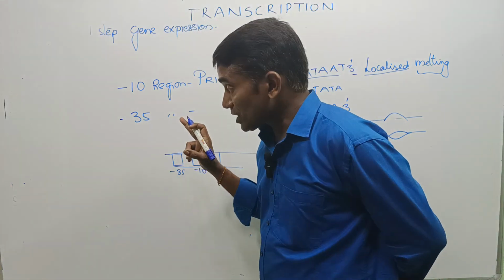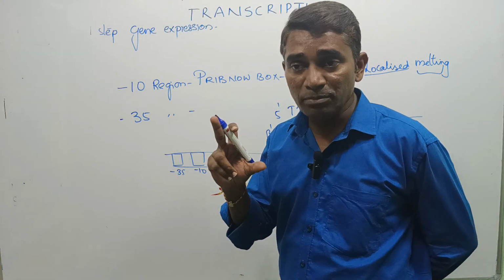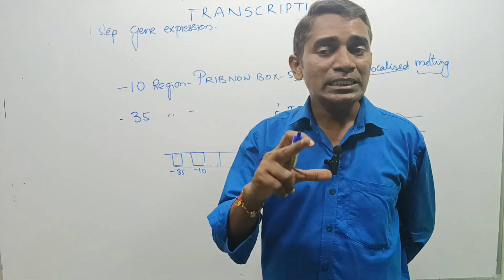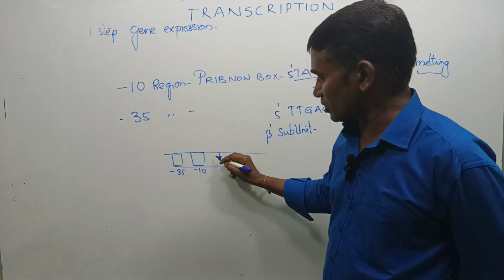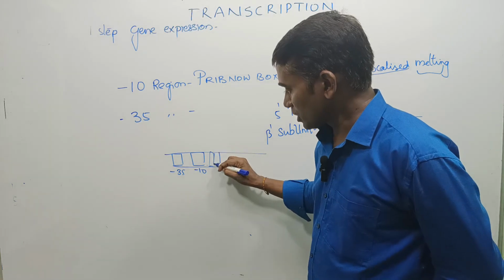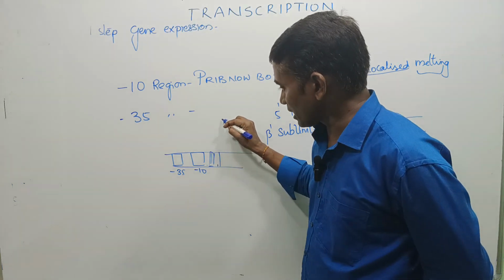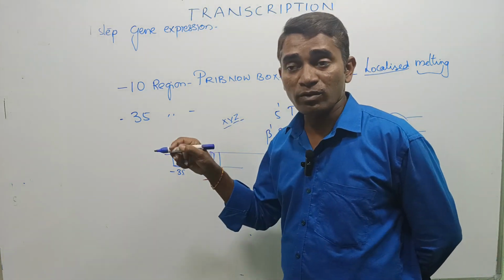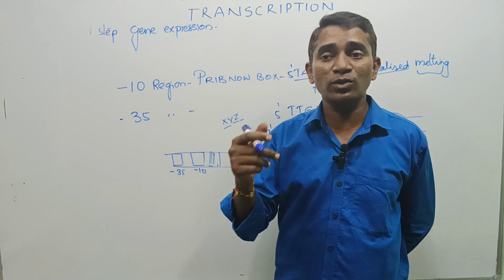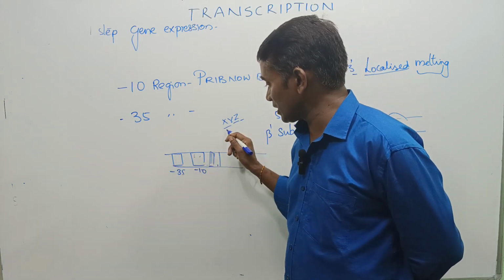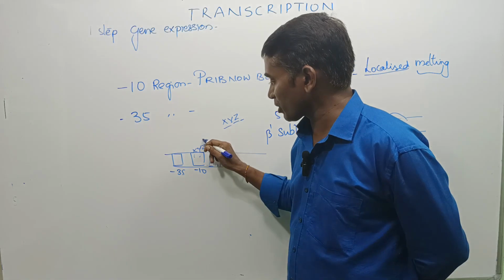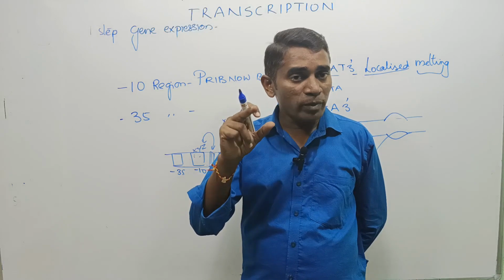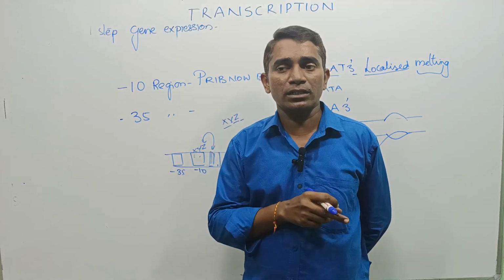Again, remember, the efficiency of transcription always depends upon the similarity between the consensus sequence and the sequence of the promoter region. Let's suppose the promoter region sequence is something, let's say XYZ. Whenever the promoter sequence is similar to the consensus sequence, if the two are absolutely the same, then transcription would be highly efficient.